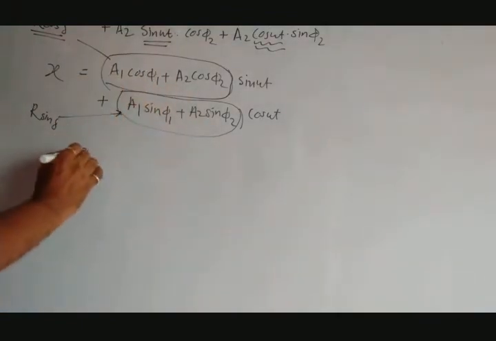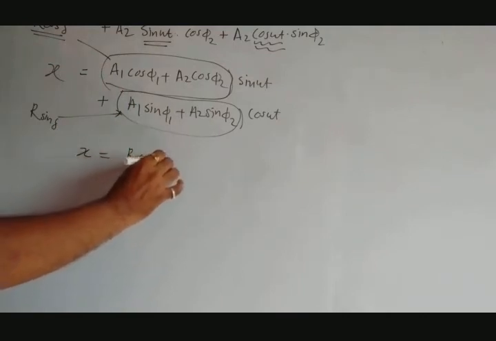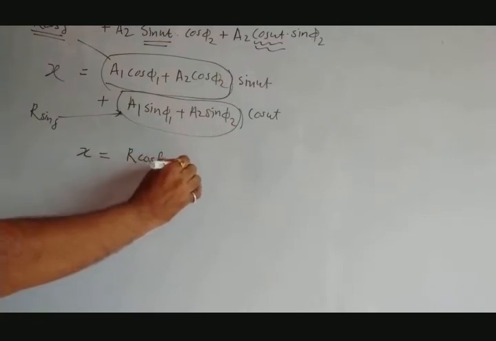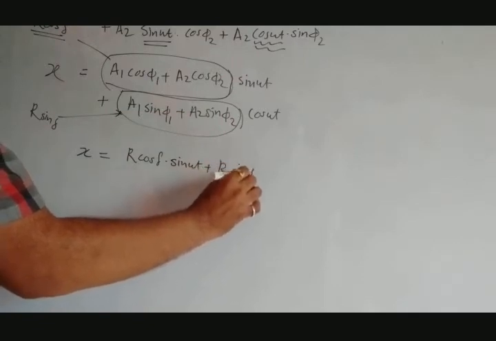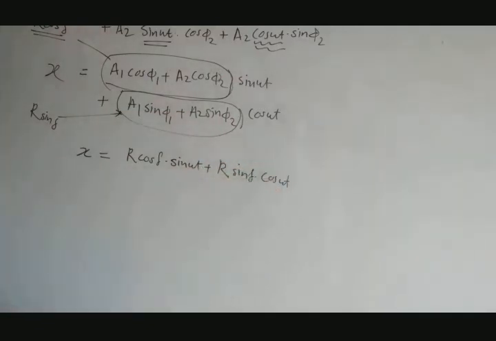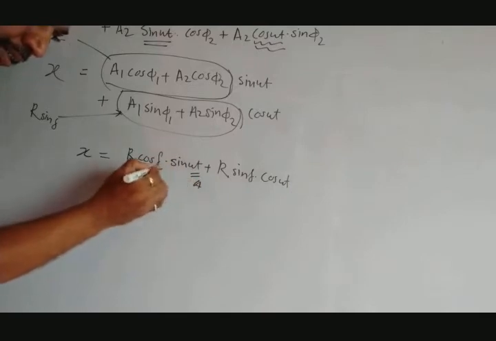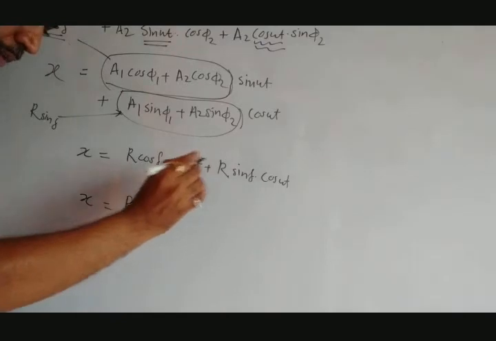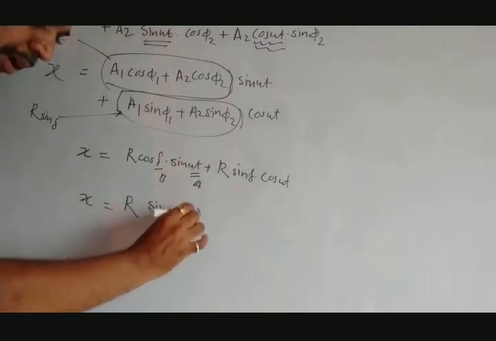We get x equal to r cos delta into sine of omega t plus r sine of delta into cos of omega t. Again use the formula in the opposite direction, sine a plus b. Just take this as a, this as b. Use the formula. You can write x equal to, r is common, sine of omega t plus delta.